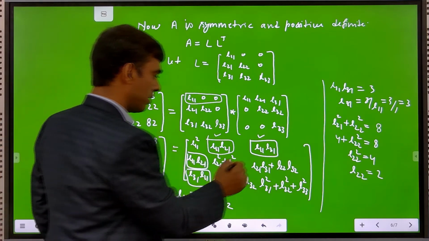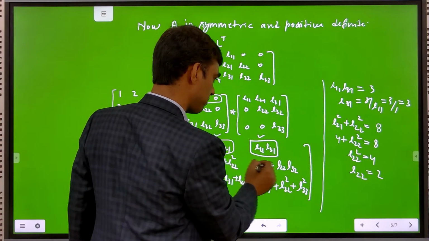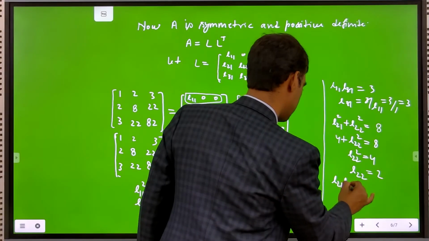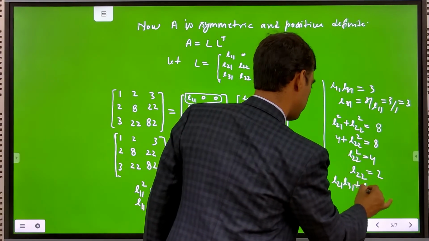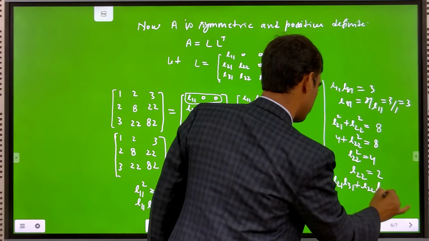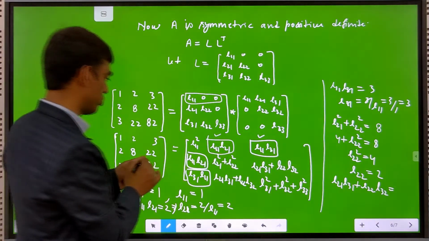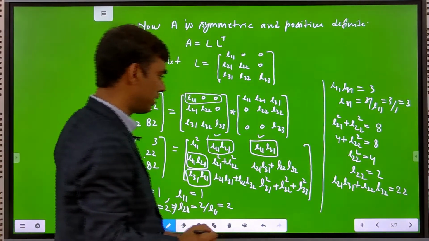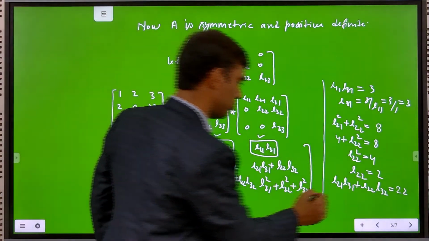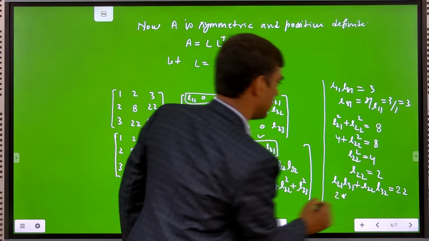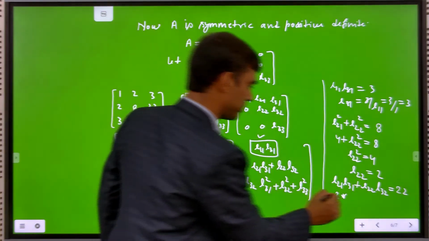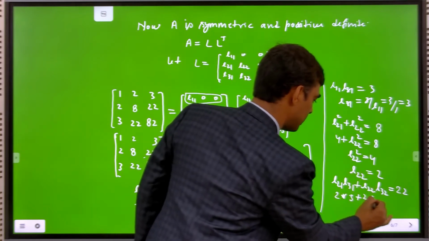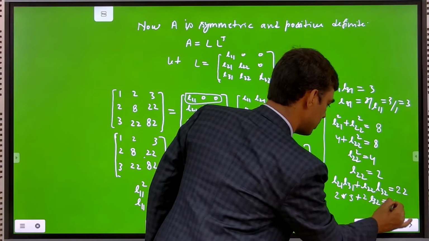Similarly, we compare this one: L21 L31 plus L22 L32 equals 22. Now we put the value of L21 as 2, L31 as 3, plus L22 as 2, L32 is unknown, and this equals 22.